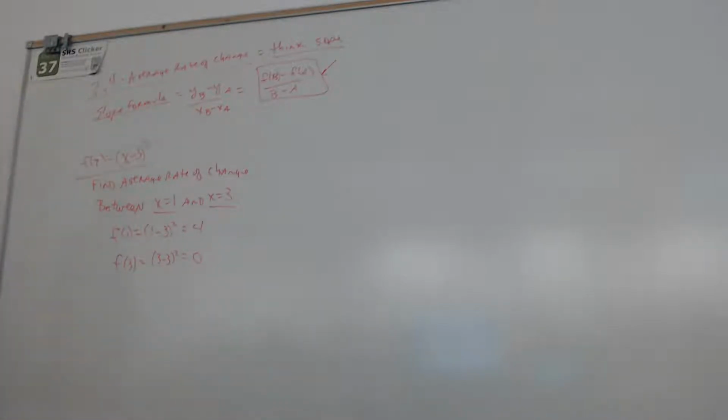All right, so essentially what I've done is I've found the numerator. Now, which one do you want to call A and which one do you want to call B? I don't care.